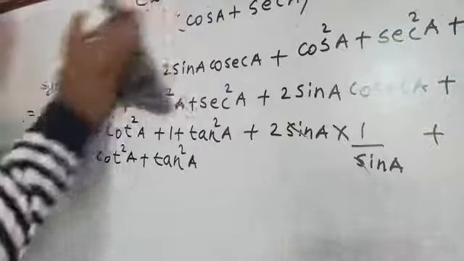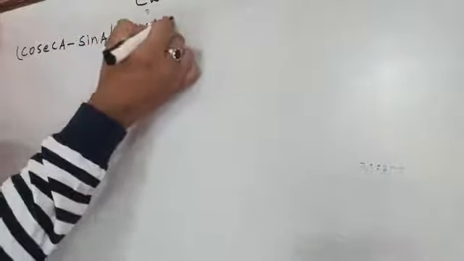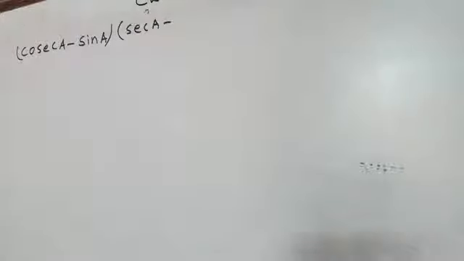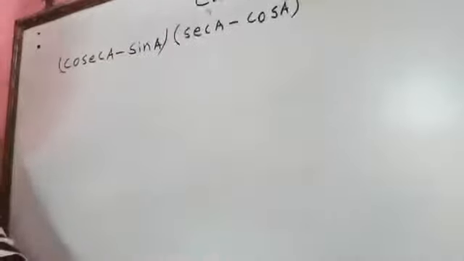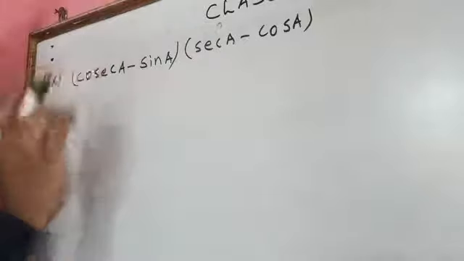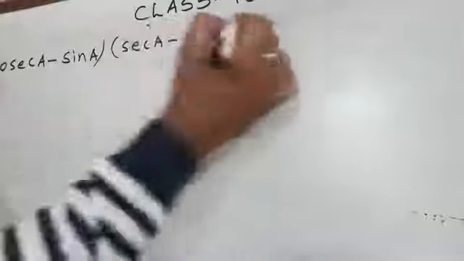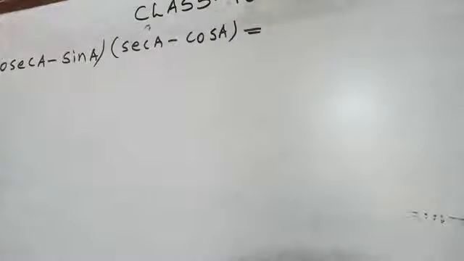Now question number 9. Cosec A minus sin A times sec A minus cos A is equal to 1 upon tan A plus cot A. We have to prove LHS is equal to RHS.